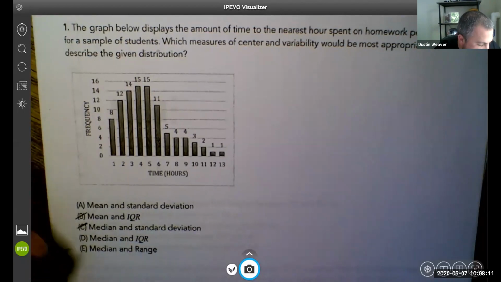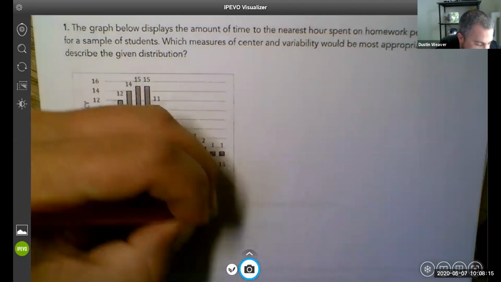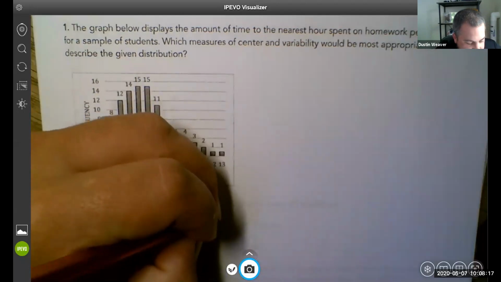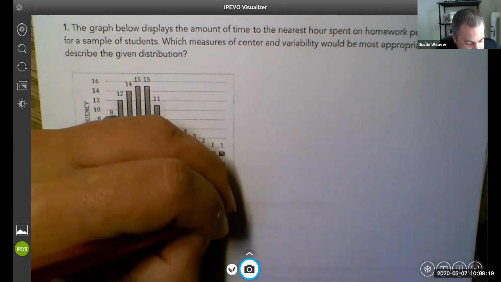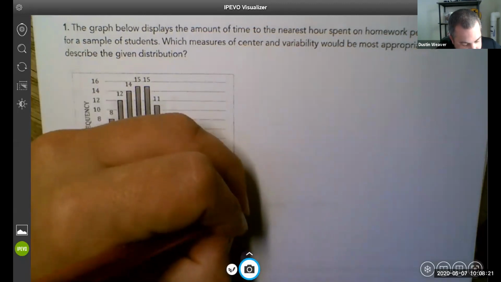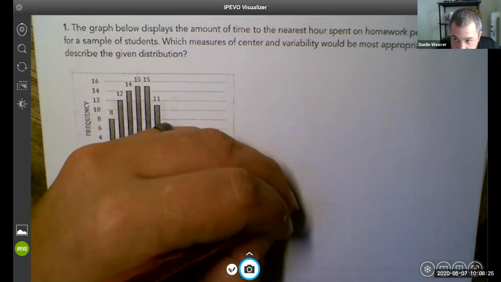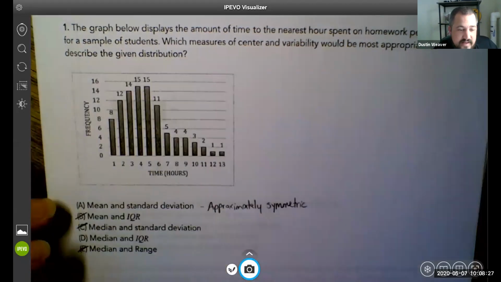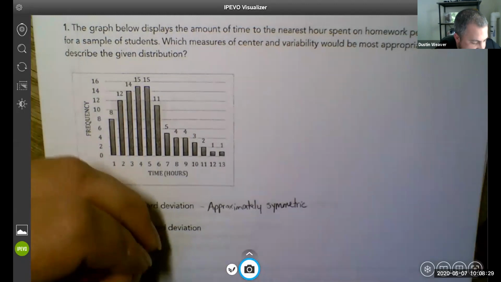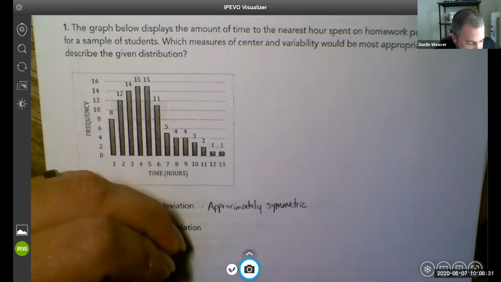C is not either. E is not. So A is what we would use if it was approximately symmetric. And then D is what we use in a skewed distribution.